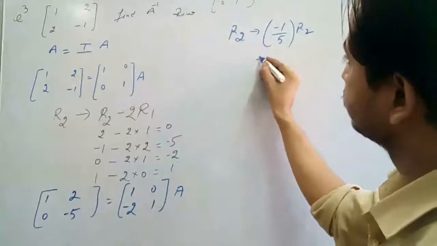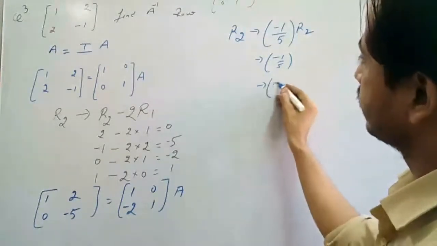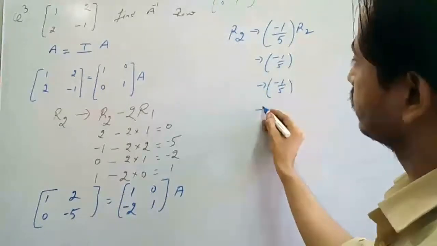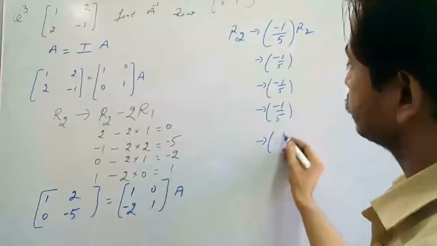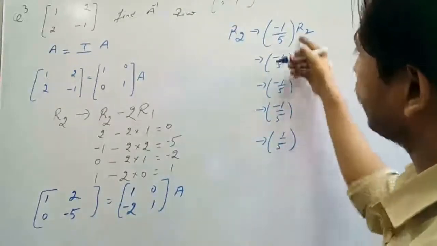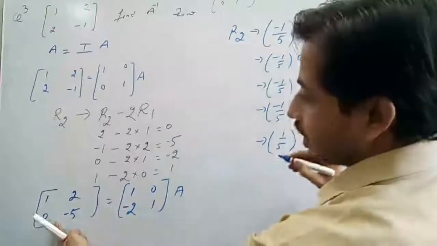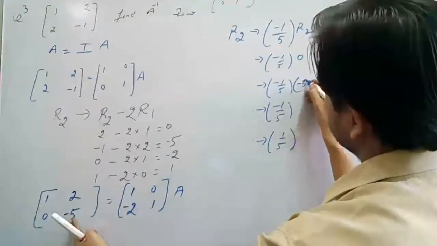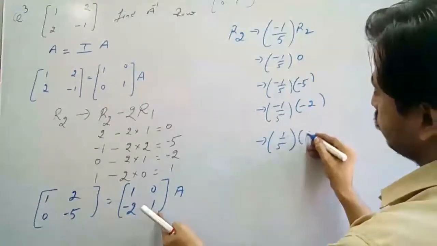Now write minus 1 by 5 in each position. R2 is what? First is 0, second is minus 5, third is minus 2 and fourth is 1.